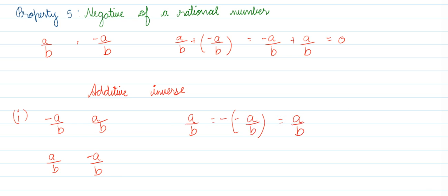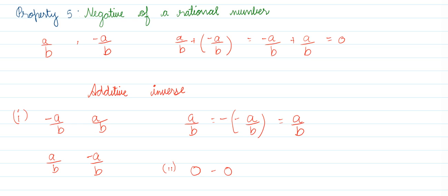Okay, so this is the very first rule, which is an implication of property 5. And the second result is that 0 is the only rational number which is its own additive inverse. So the additive inverse of 0 is 0 itself.